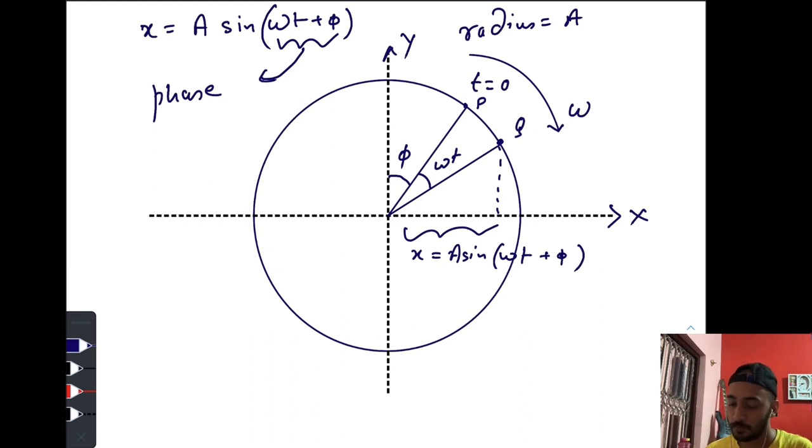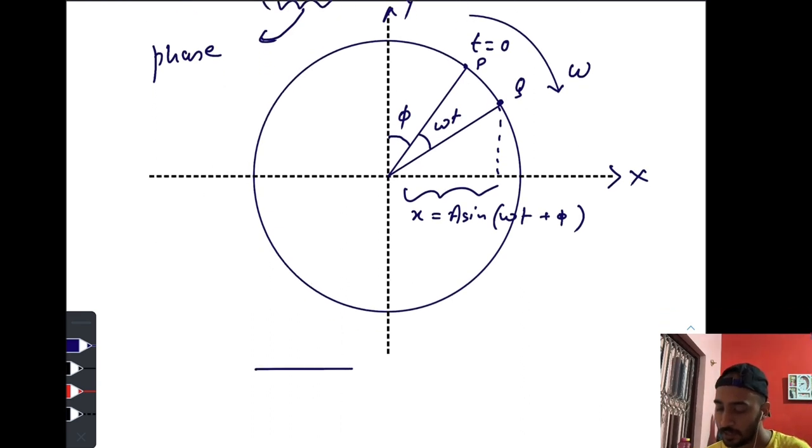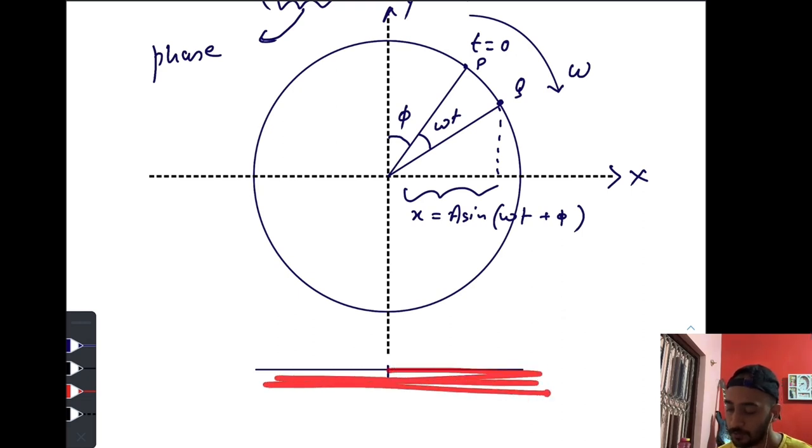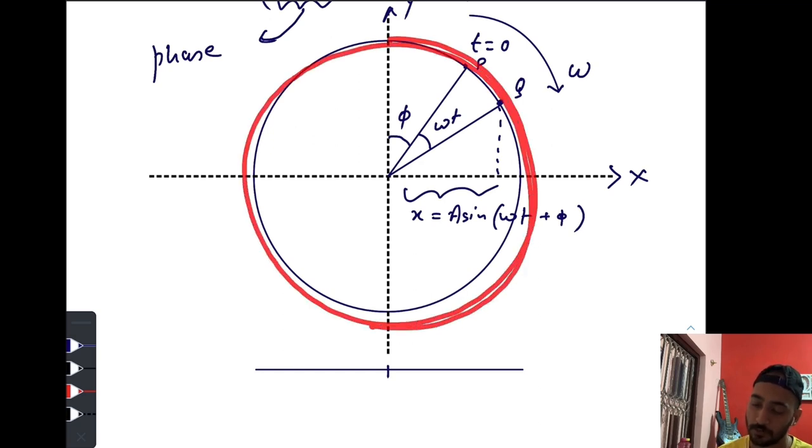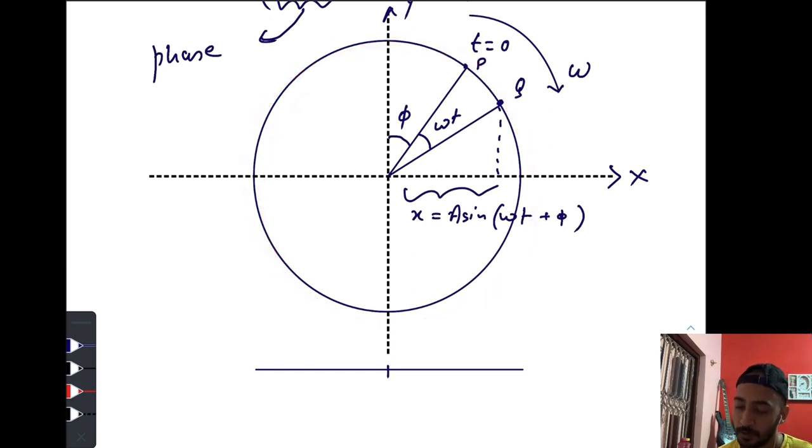Now you can see that if I draw the simple harmonic motion, the actual motion of the particle, it moves in this way. But the corresponding circular motion happens in this way. So when the particle goes from here to here in the circular path, the particle moves from here to here.